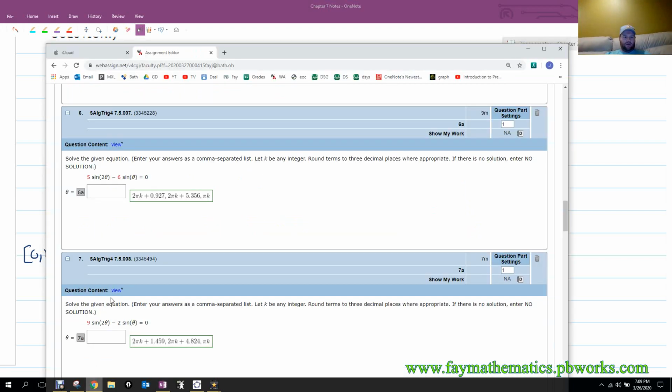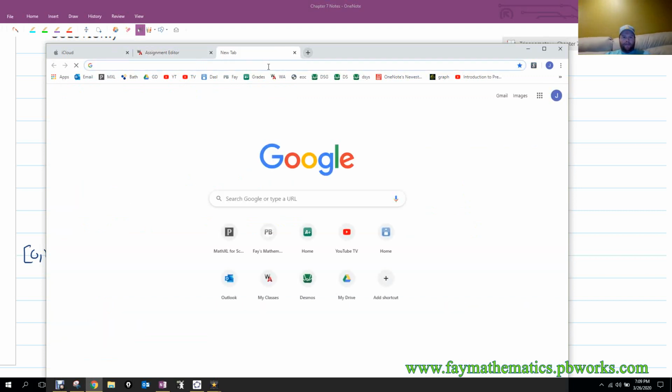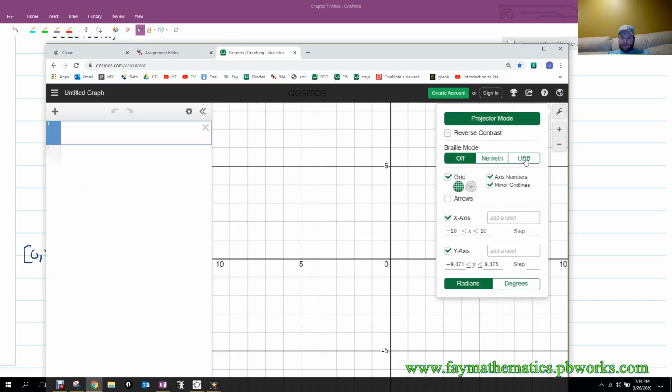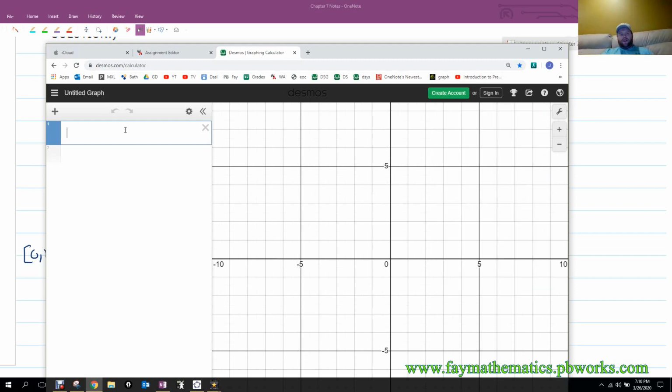So the only way that we can do that is with our calculator. So we're going to get Desmos up. Do it in radians. So we're going to go arc cosine of 3/5. It gives me 0.927 radians.